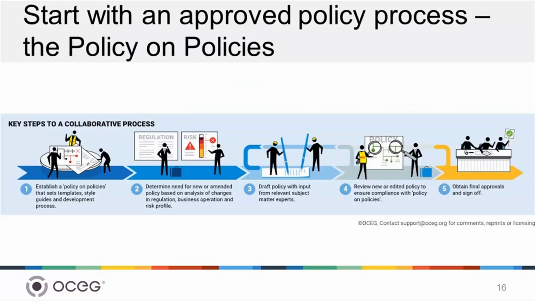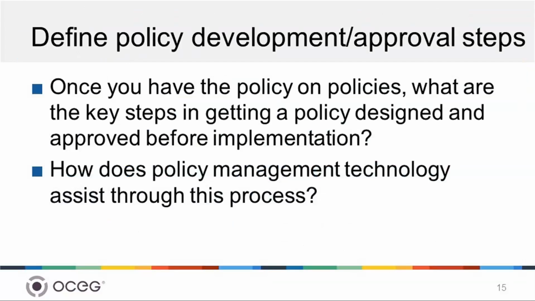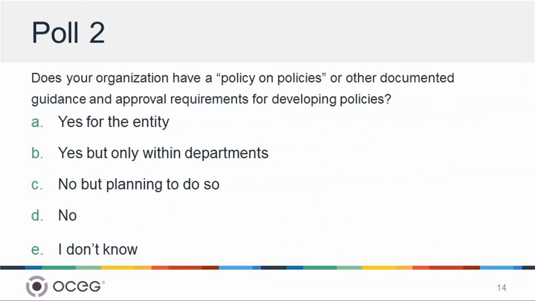I want to ask our audience the same question for our second poll. We want to know, does your organization have a policy on policies or something else that's a documented guidance and approval requirement statement for developing policies?